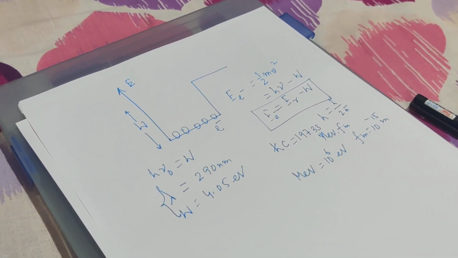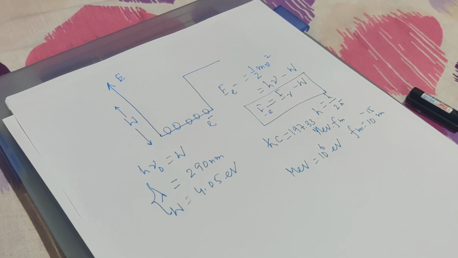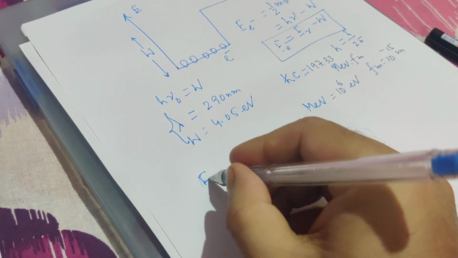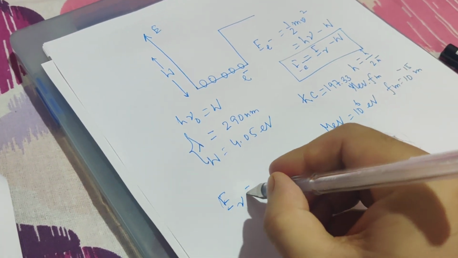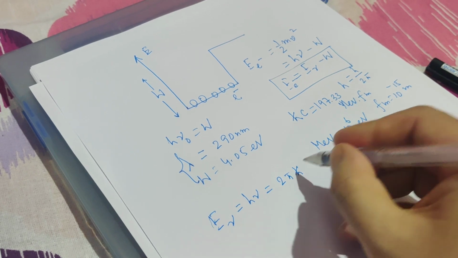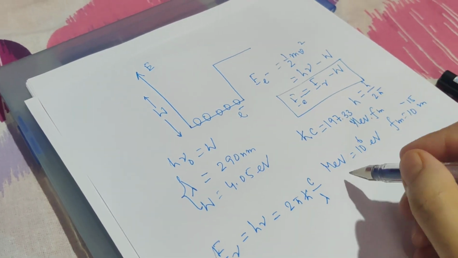So let us use this to compute the photon energy. E nu equals h nu, that is 2 pi h-bar c divided by lambda.